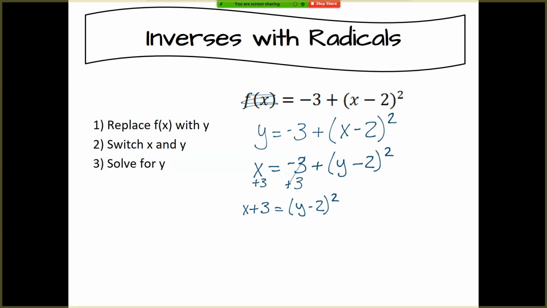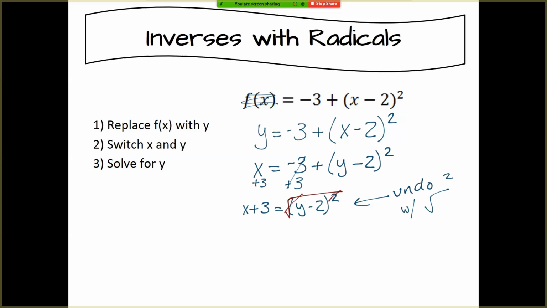This is where we want to undo the squared with a square root. So we're going to square root the right side. The squared and the square root cancel each other out.